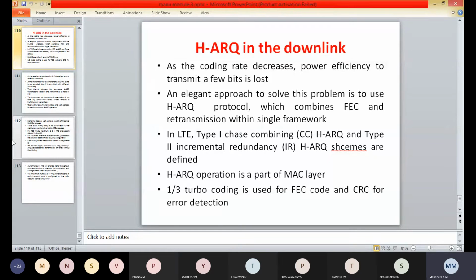Otherwise, a NAK signal is fed back and the received code block is stored in the buffer for the subsequent combining.